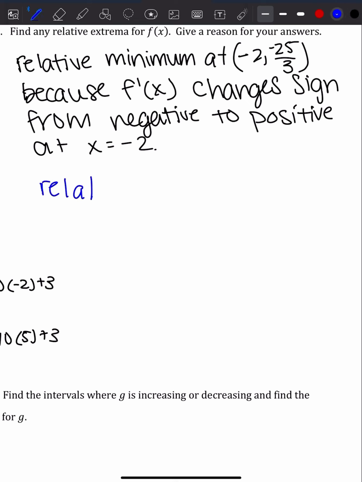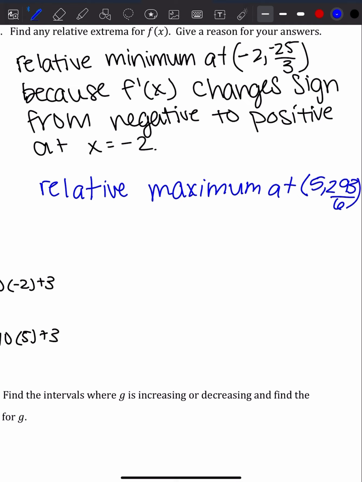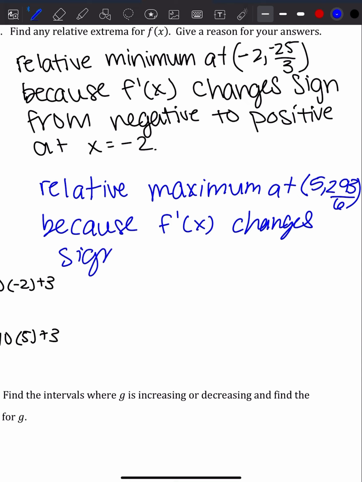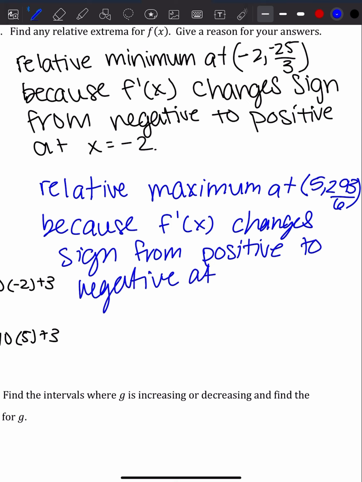So relative maximum at 5, 293/6, because f prime of x changes sign from positive to negative at x equals 5.